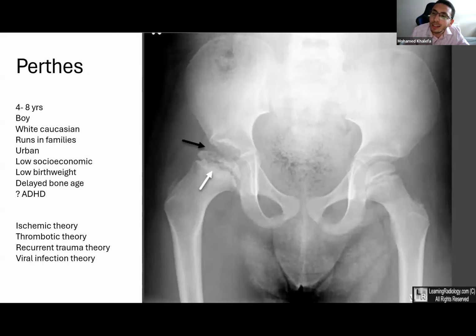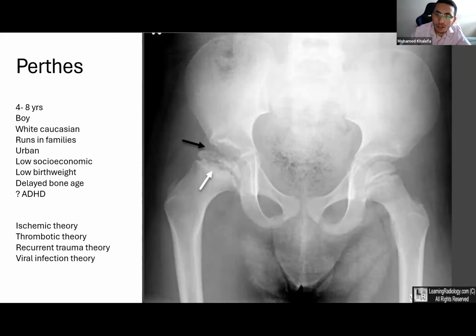Usually the child will be delayed in bone age and maybe some relationship to ADHD. That's why maybe more in boys, I don't know. No one knows why it happens. Lots of theories, so don't get too bogged down about it. So it can be ischemic theory, thrombotic theory, recurrent trauma, viral infection. And Perthes basically is AVN of the femoral head, but in a skeletally immature child.